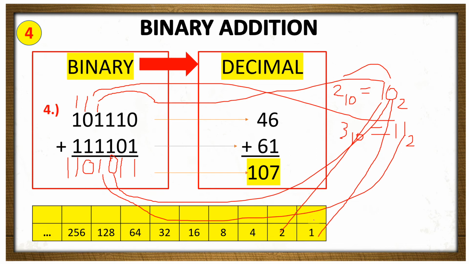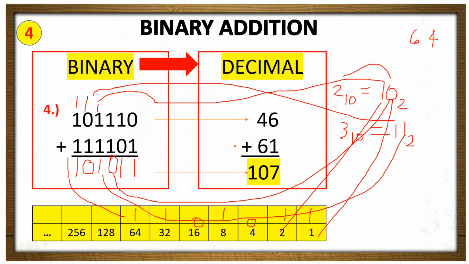1 here is on, so you count the 1. Next, 2 is on, here is off, so do not count the 4 of this one. So I'll write it down. Next digit is 1, here 1. Next, you count the 8, then 16 is off, then 32 is on, here 64 is on, so you count 64.